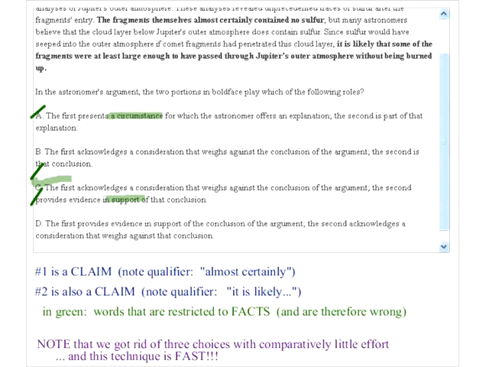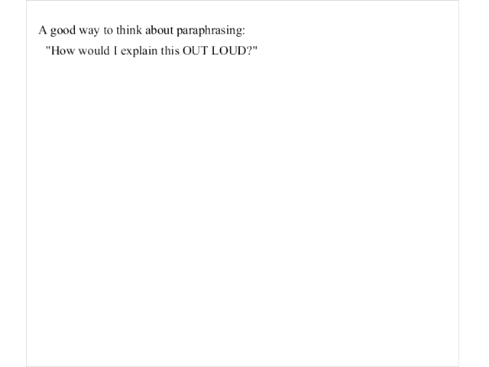But a good way to think about paraphrasing is like, how would I explain this out loud, without sounding like you were reading a book?